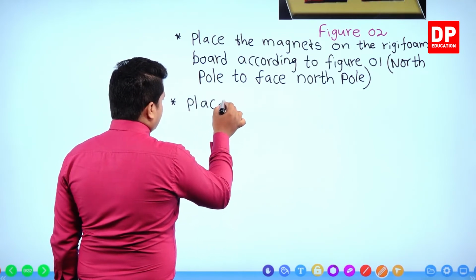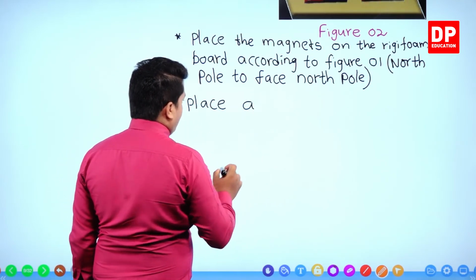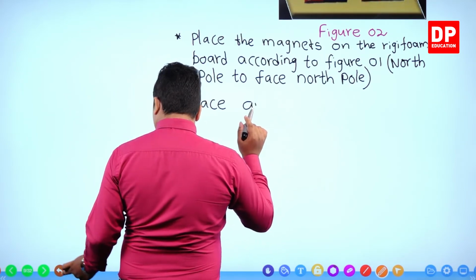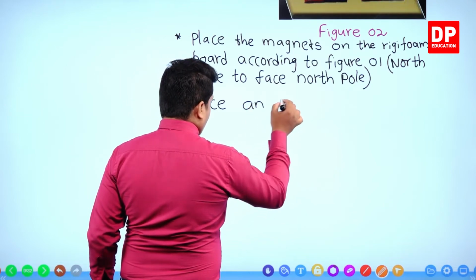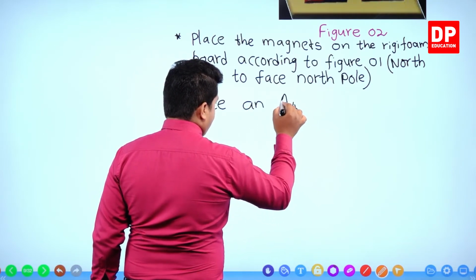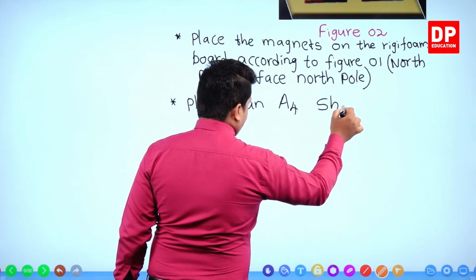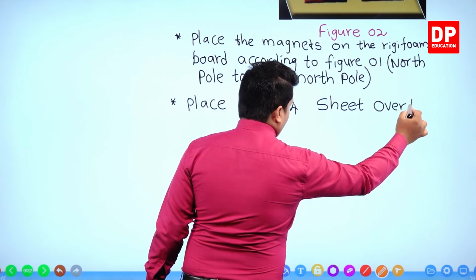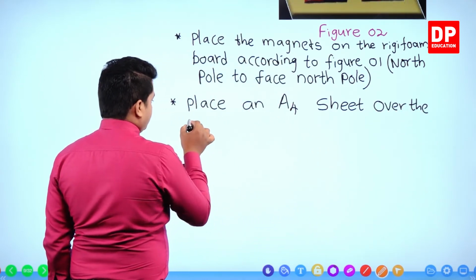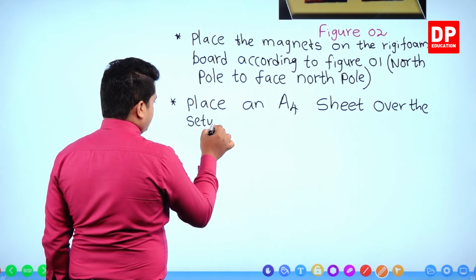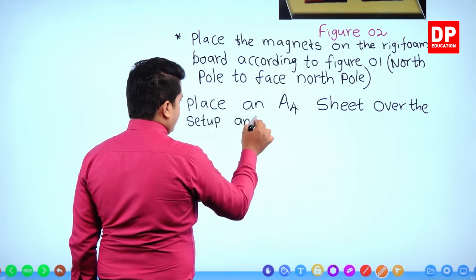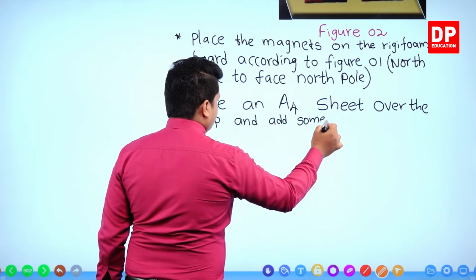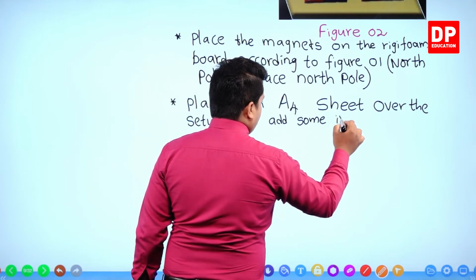Place an A4 sheet over the setup and add some iron powder.